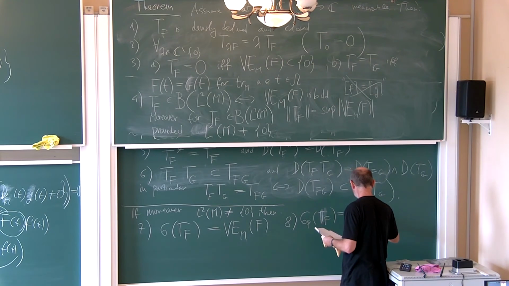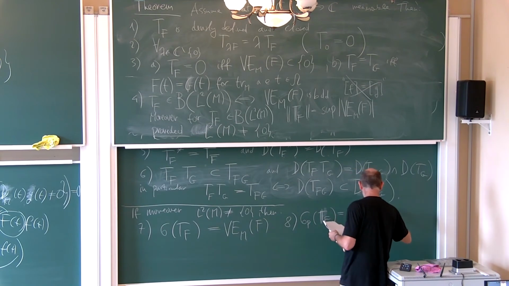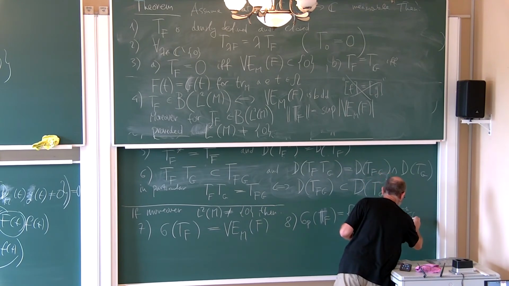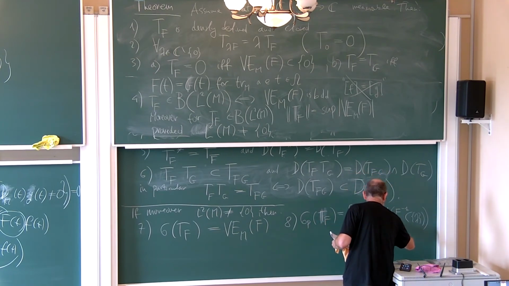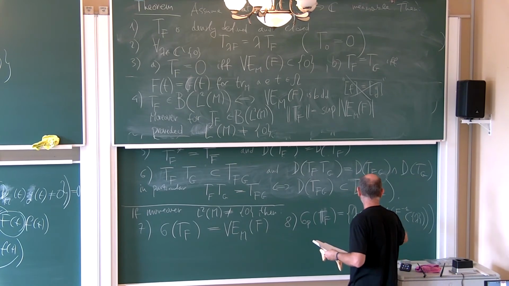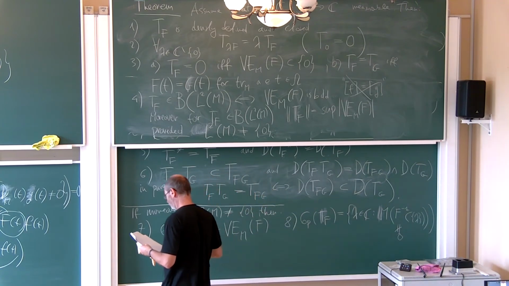So this is the set of those complex lambdas such that the trace measure m of the inverse image of the singleton lambda is not equal to 0. It's non-zero. Yes, this is the point spectrum.